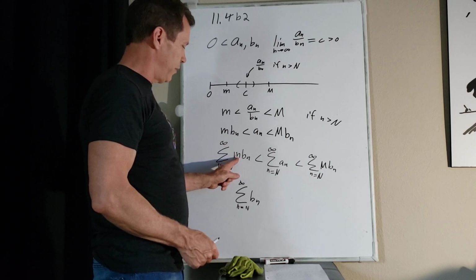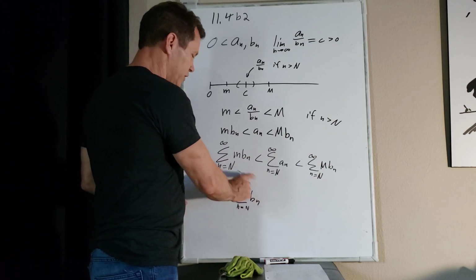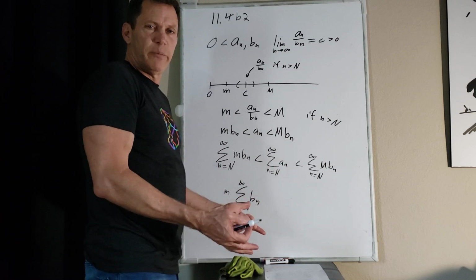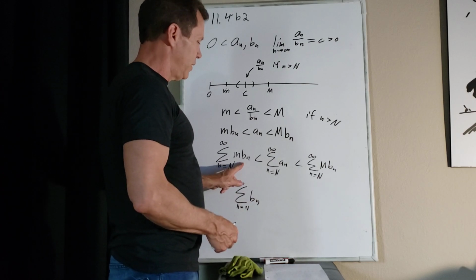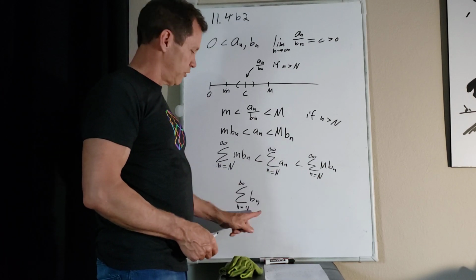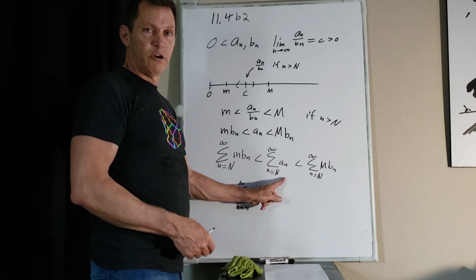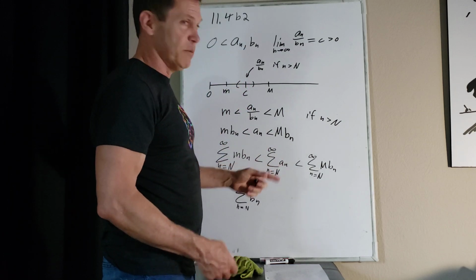You multiply it by a number. If this blows up, that's just multiplying infinity by a number, which is going to be another infinity. So if this thing right here blows up, that's going to make this guy blow up. So if b_n blows up, that forces this to blow up. So if b_n blows up, the summation of a_n blows up.